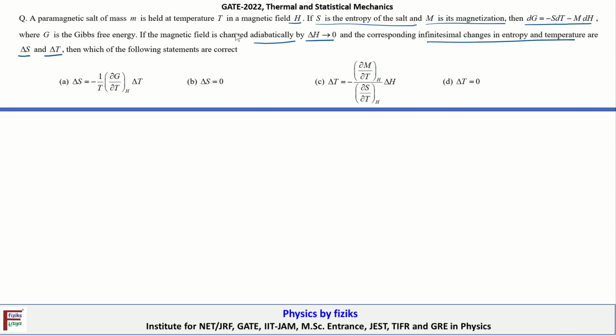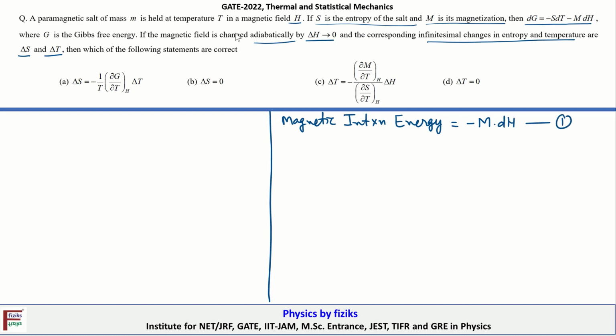Okay, so let's continue with the solution. The magnetic interaction energy is given as minus M dot dH. Remember, H here is not the enthalpy, it's the external field.